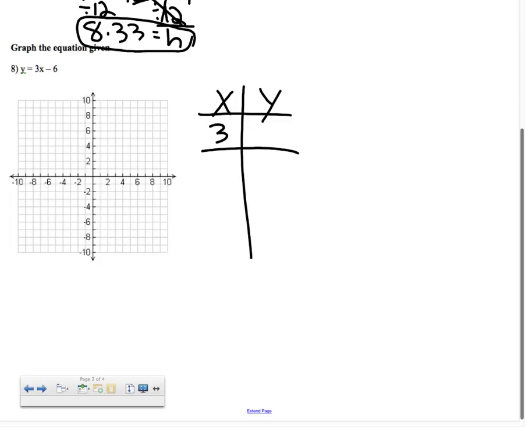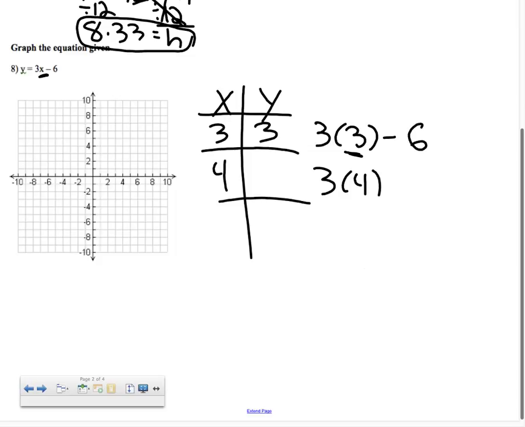If I plug in 3, let's do this real quick. So again, this says take out the x and put in a 3. 3 times 3 is 9, minus 6 is 3. I could plug in a 4. So 3 times 4 minus 6. Because remember, my equation originally is 3x minus 6.